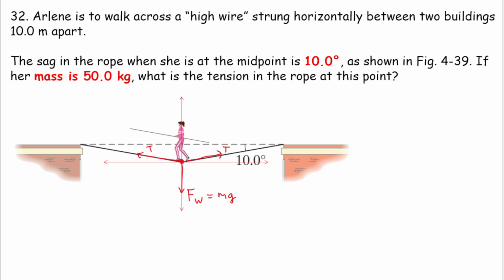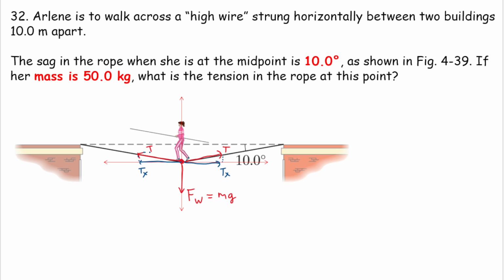So we will have Tx, like this. We have T in the X direction, and there we also have T in the X direction. But because they are the same force in opposite directions, they will cancel each other.